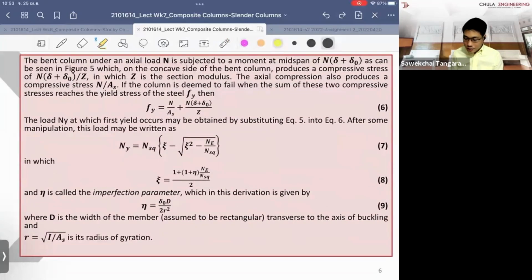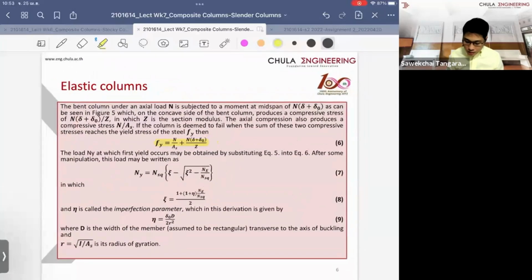They take the assumption that the stress developed in the cross section reaches a maximum of fy. Why are we saying this?